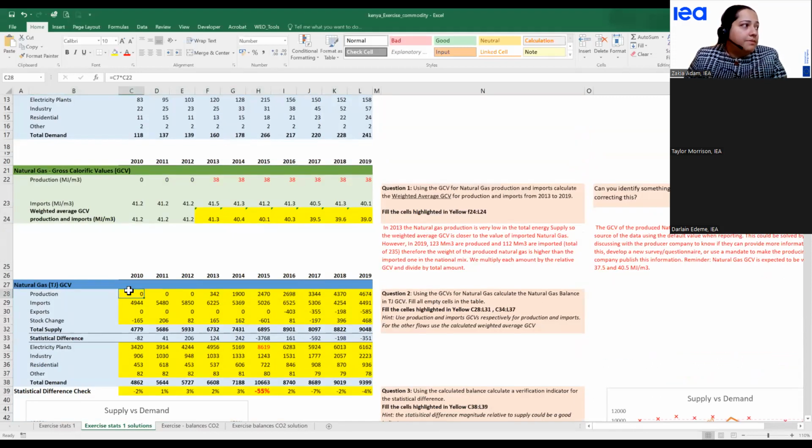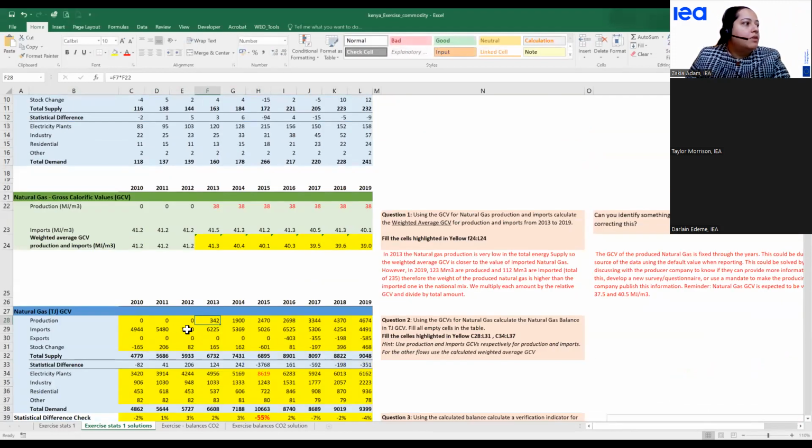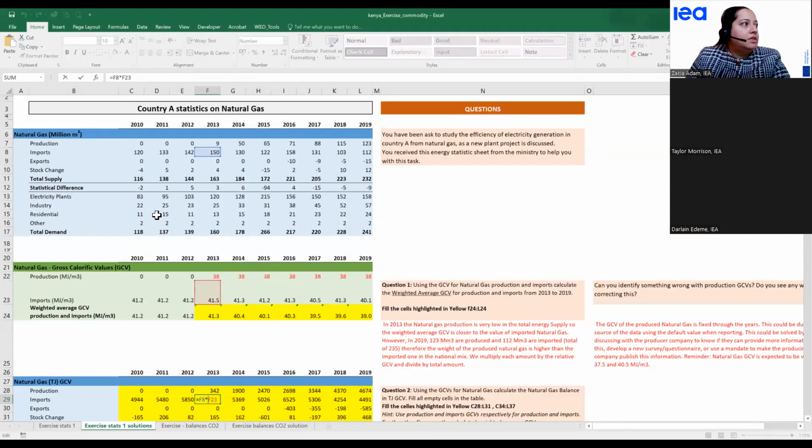For production, you take your amount in physical units in cubic meters times your calorific value. So for example, for 2013, you take 9 times 38, and that would give you your amount in terajoule. For imports as well, you multiply by your calorific value for imports.